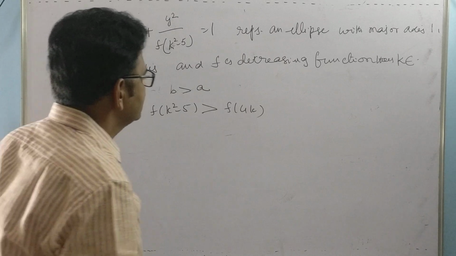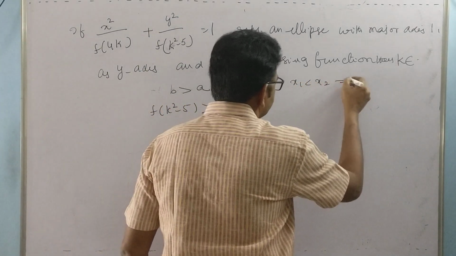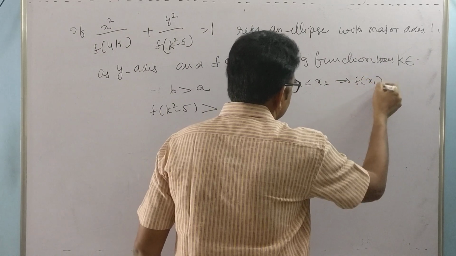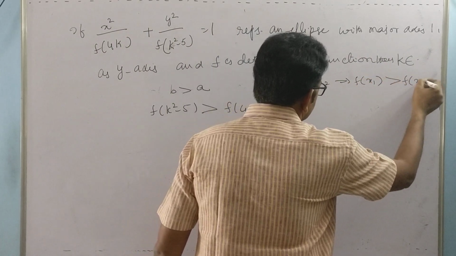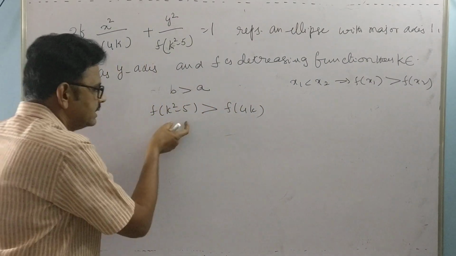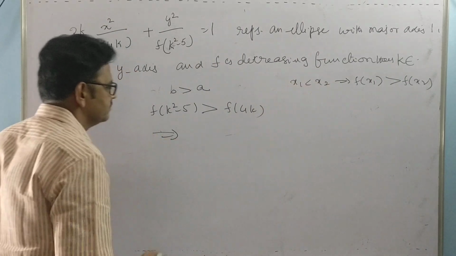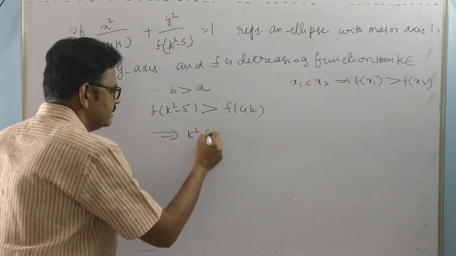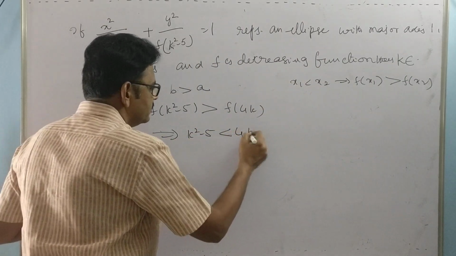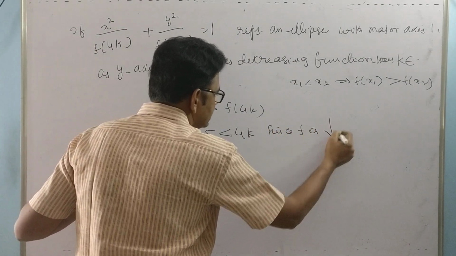The function is decreasing. Decreasing means if x1 is less than x2 implies f of x1 is greater than f of x2. Now here f of x1 is greater than f of x2 implies x1 is less than x2, so k square minus 5 is less than 4k, since f is a decreasing function.